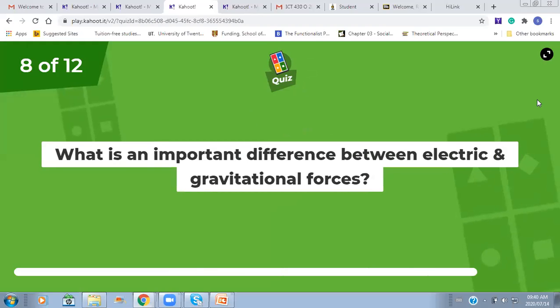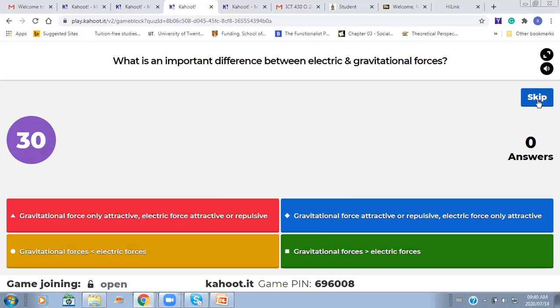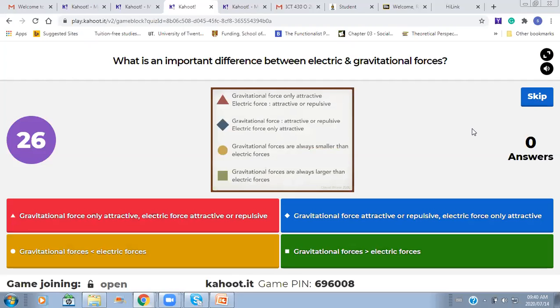Let's see what is an important difference between electric and gravitational force. So let's go on and check. What is an important difference between electric and gravitational force? Gravitational force only attractive, electric force attractive or repulsive; gravitational force attractive or repulsive, electric force only attractive; gravitational forces are always smaller than electric; gravitational forces are always larger than electric forces.